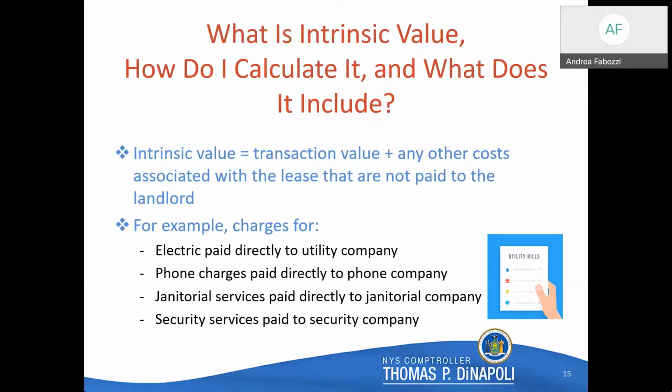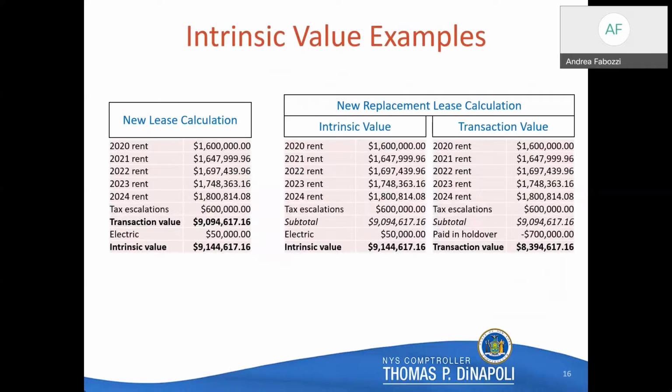Some examples of costs that would be included in the intrinsic value, but not the transaction value, are any kind of utility or service payments that are made directly to the utility company or service provider. Here are some examples of calculating intrinsic value. These are for a replacement lease with the same landlord.